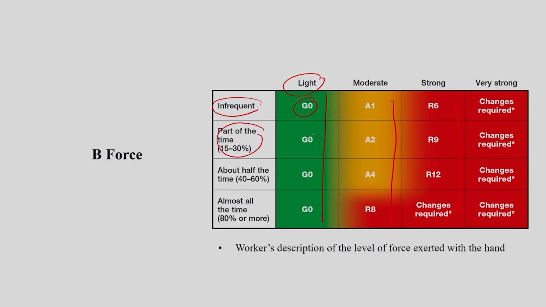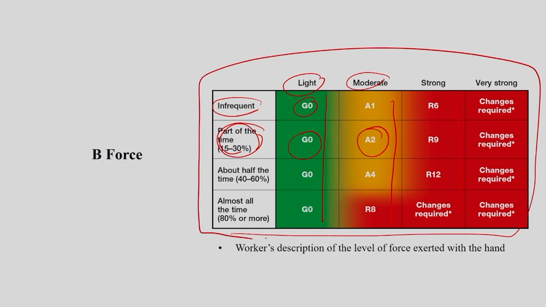Part of the time, then it is G0. Whereas if it is part of the time but moderate, then the value is A2. So using this particular matrix, you have to decide what value you have for force.